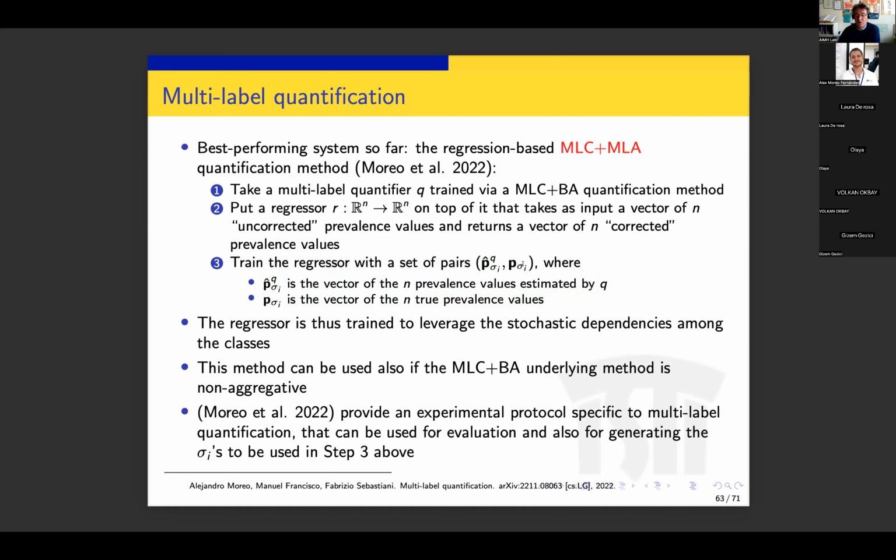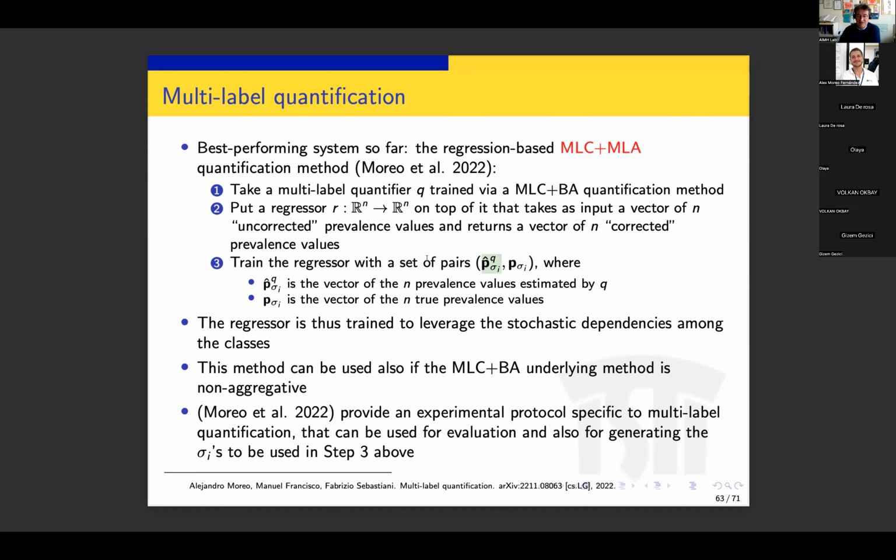And we also ask the quantifier Q, the quantifier that we had trained via this method, to return prevalence values for it. So here we have the true prevalence values, here we have the predicted prevalence values, the prevalence values predicted by this system.